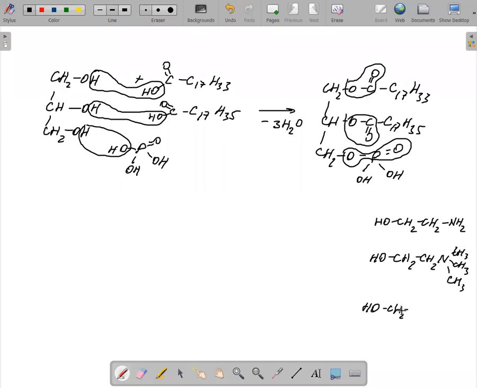We are not interested in the amine group in serine, neither the amine group nor the carboxylic. Only the presence of OH here is interesting because I'm going to form a new ester between phosphatidic acid and any of these amino alcohols. OH from the acid, hydrogen from the alcohol.